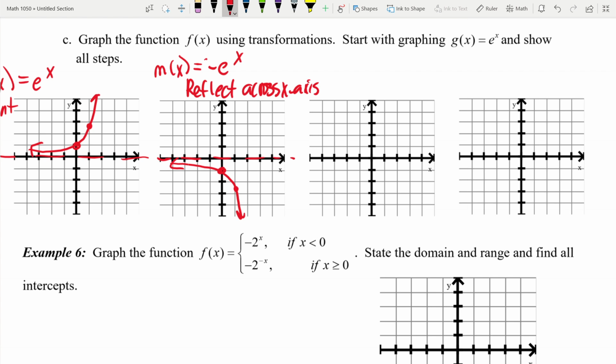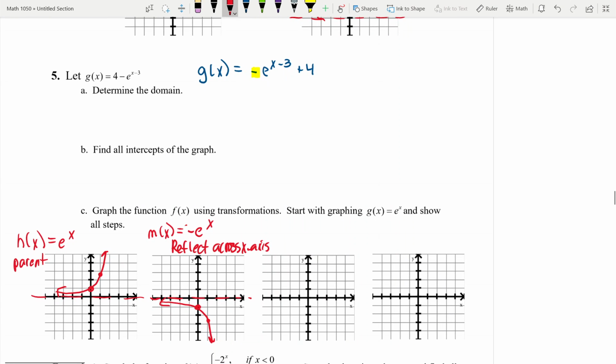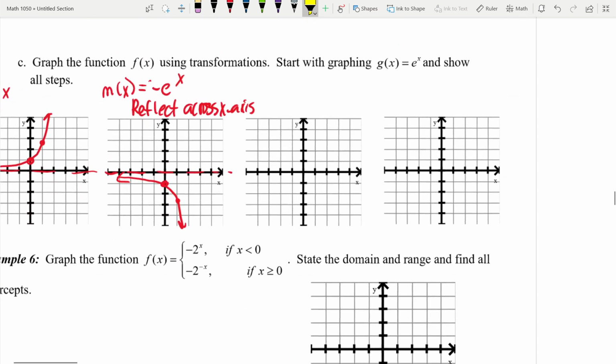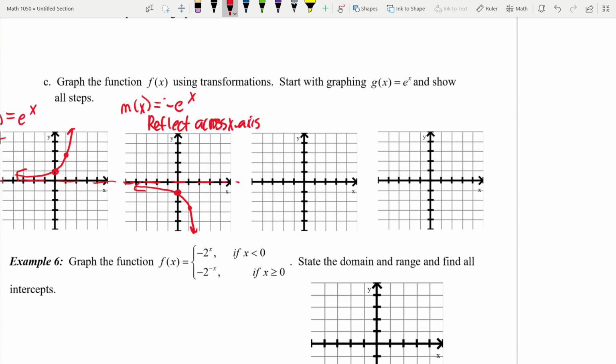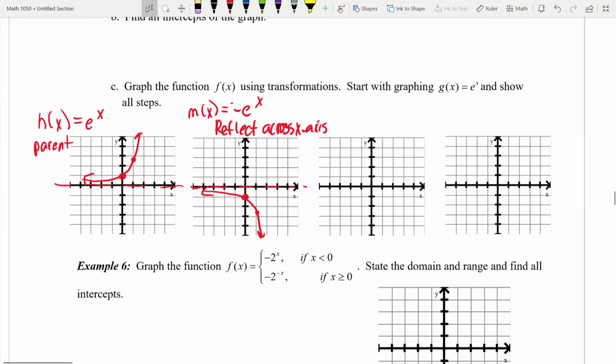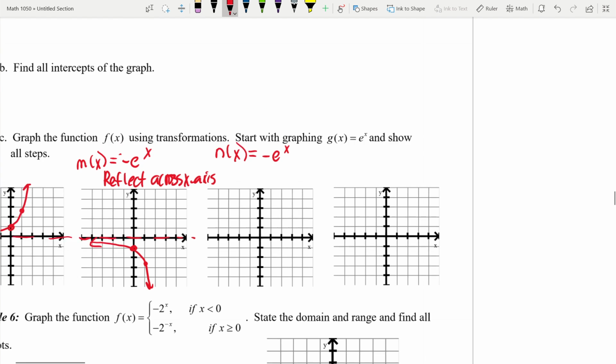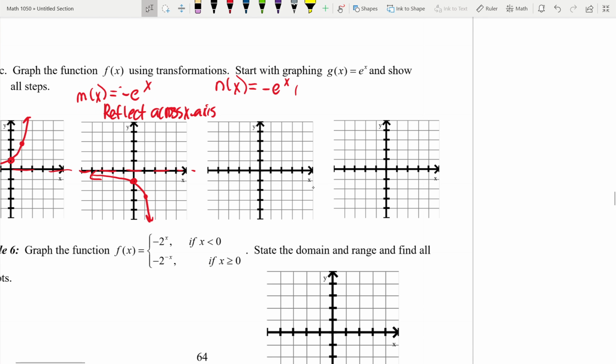Draw it in. Okay. Do I care about the order of the rest of the transformations? No. But I would love you to go plus 4 next, so then everybody's the same, so it helps me grade faster. So I'm going to call this maybe n of x, I don't know. N of x equals negative e to the x, and it's going to be plus 4.